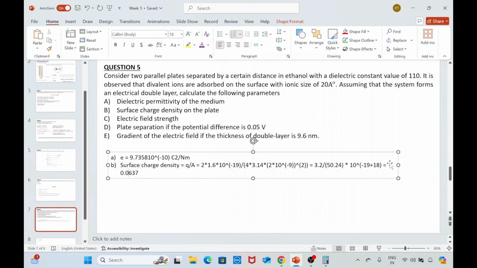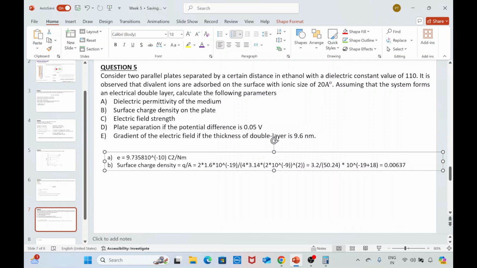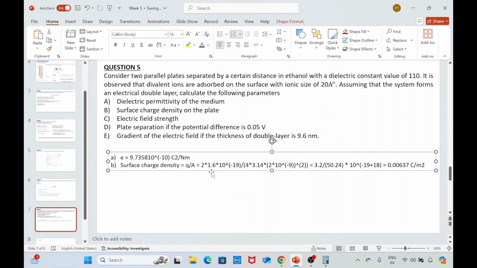So that will be 0.00637, and the units will be coulomb per meter square. So this is the surface charge density of the divalent ions.